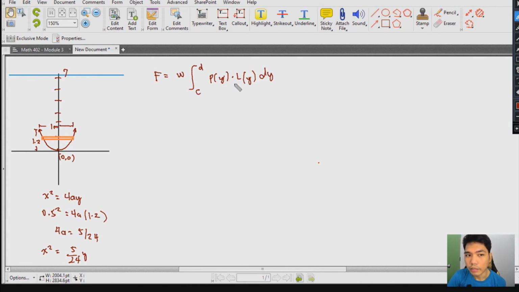And then yung l of y natin is the length, which is actually just the distance between these 2 points. Okay. So let's determine yung ating L of y muna.